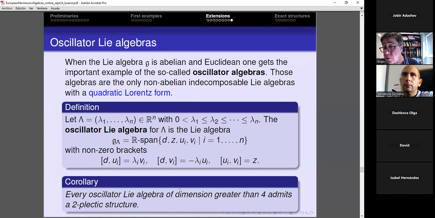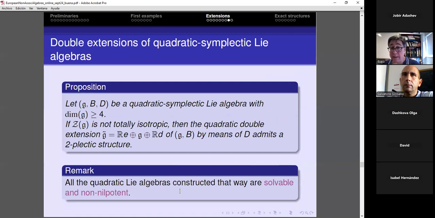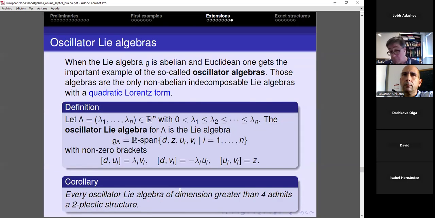They can be constructed actually as the double extension by an invertible derivation of R^n. And well, that is the definition. And they lie exactly on the case that we have seen in this proposition. So every oscillator Lie algebra, which have some importance in physics, every oscillator Lie algebra of dimension greater than 4 admits a 2-plectic structure.